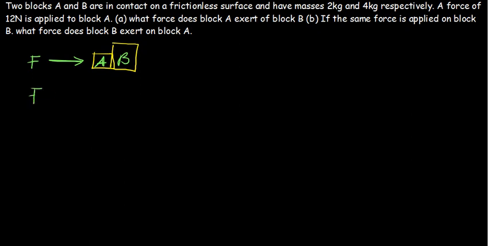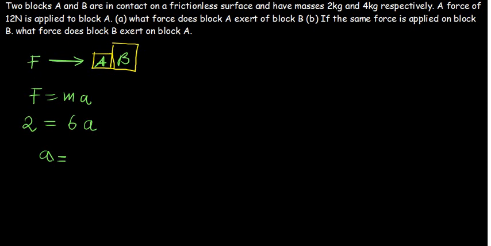Since these two are in contact, they are going to move with the same acceleration, so we add their masses: 2 kg plus 4 kg is 6, multiplied by the acceleration. This force is not 2, I wasn't able to see properly, it's a 12. So dividing both sides by 6 gives us 2 meters per second squared. This is the acceleration of the objects.